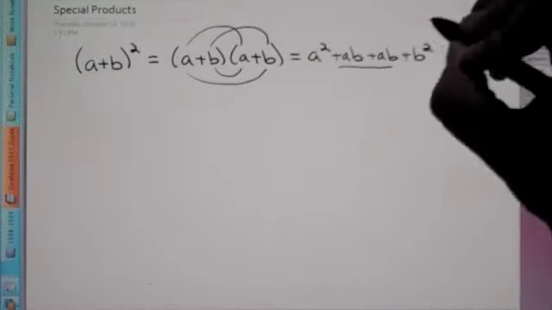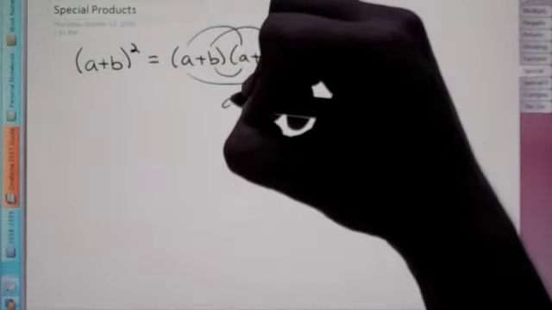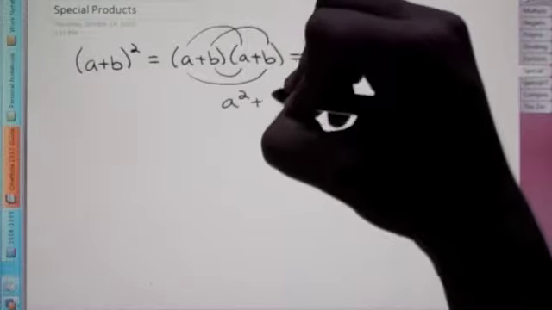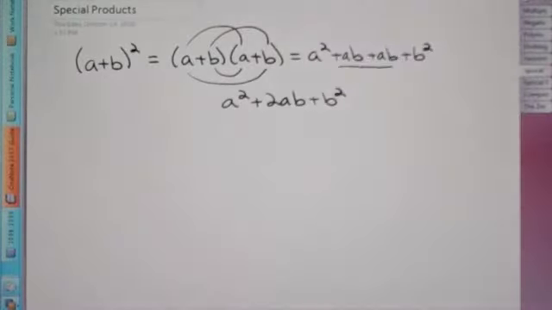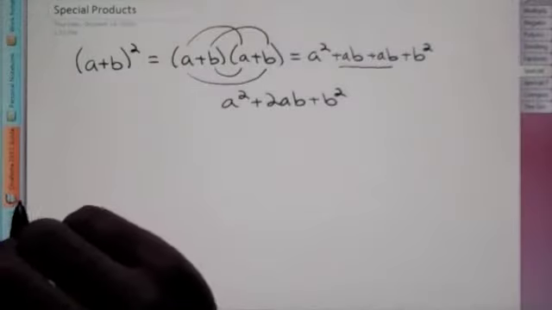Now I always like to combine my like terms, so the format here is a squared plus 2ab plus b squared. Now this is kind of like a shortcut that we can use so that we don't have to FOIL every parentheses that we have squared.